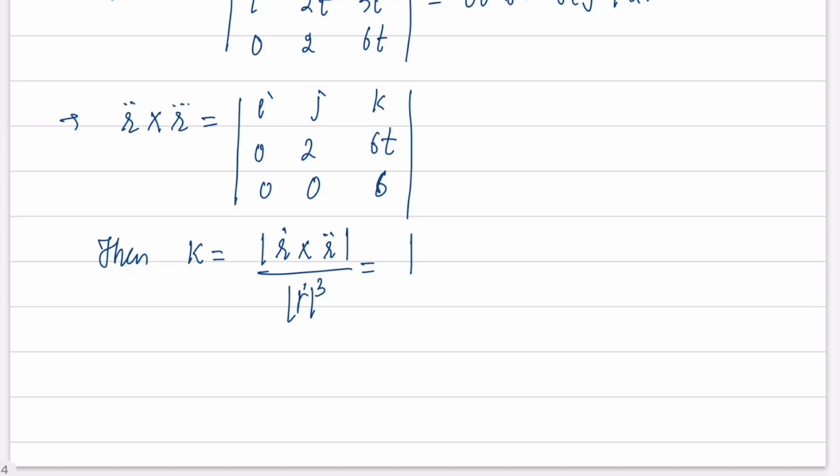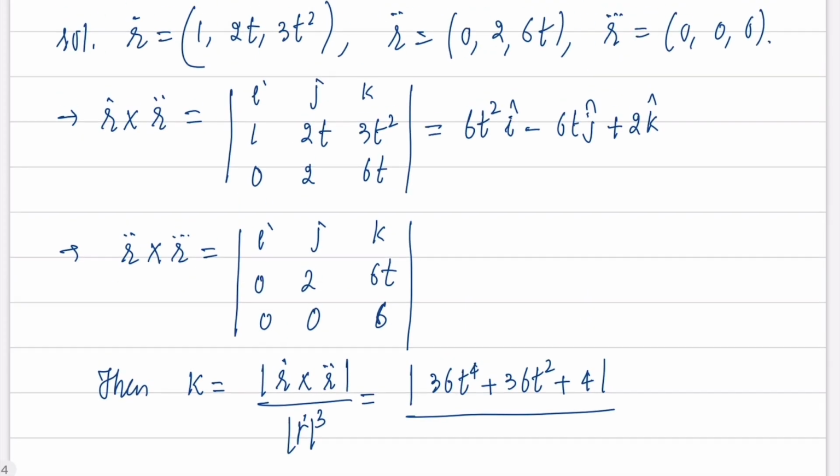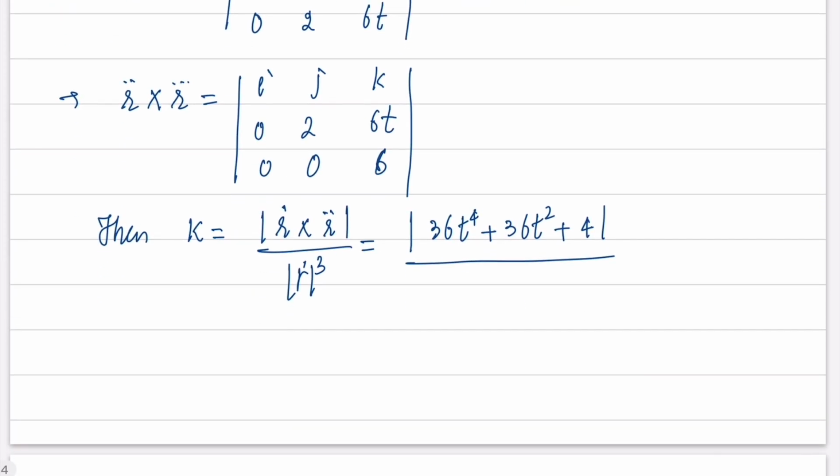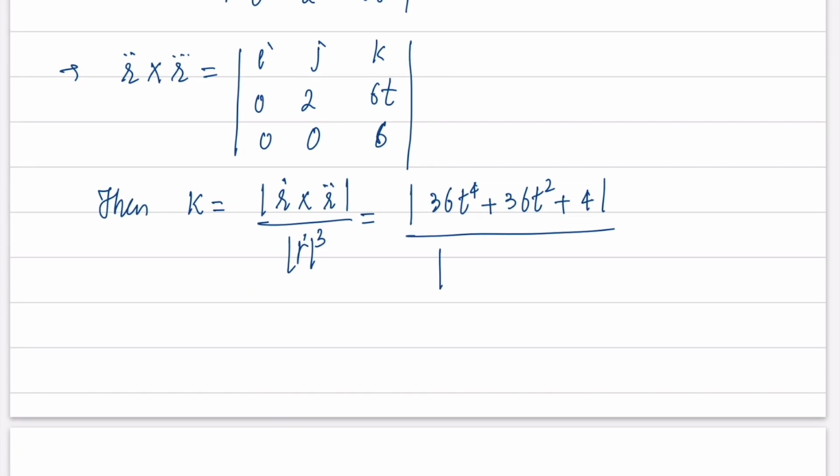Its modulus will be the square root of 36t⁴ plus 36t² plus 4, divided by r dot cubed. As we know, r dot is (1, 2t, 3t²), so its modulus cubed is (1 + 4t² + 9t⁴) to the power 3 over 2.